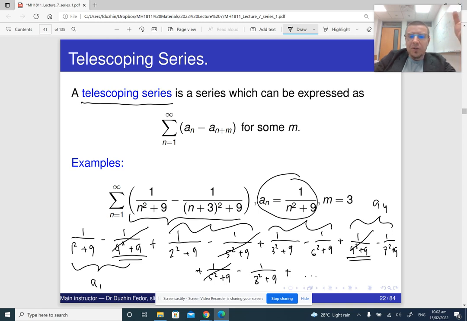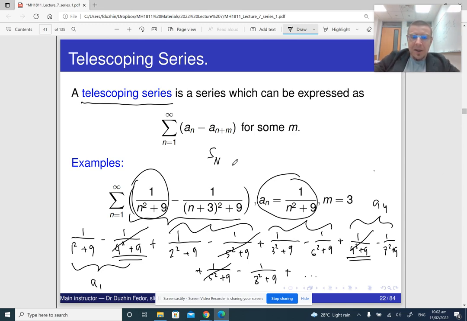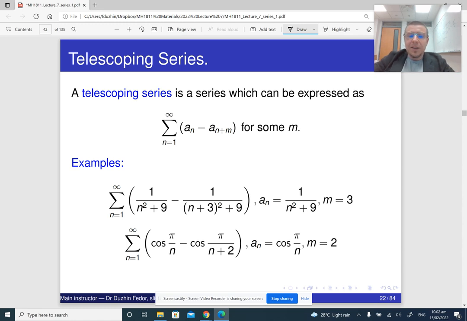Essentially, if we write down the finite partial sum of the series, it's going to contain three entries coming from the first three terms, and minus three entries coming from the last three terms, and the rest is going to cancel out. This is the idea that will lead to a formula for the sum of an infinite telescoping series, right?